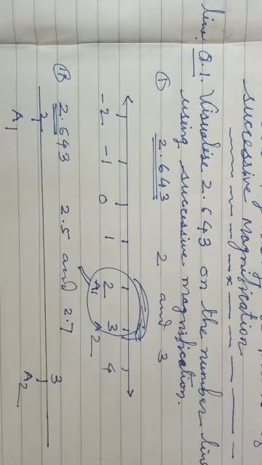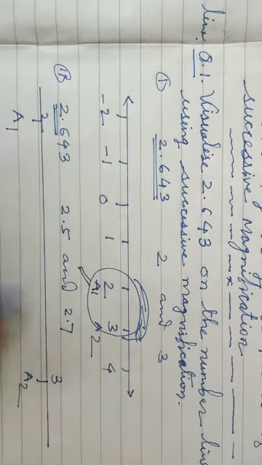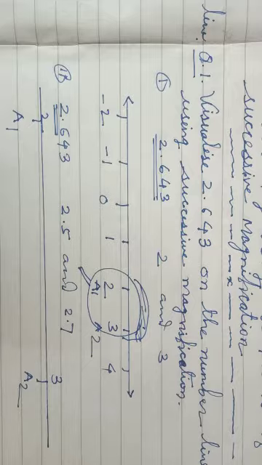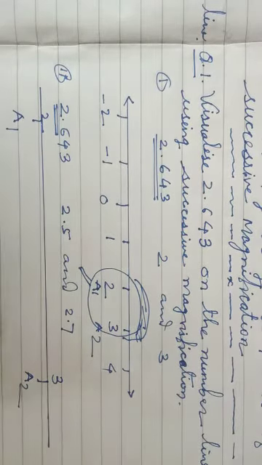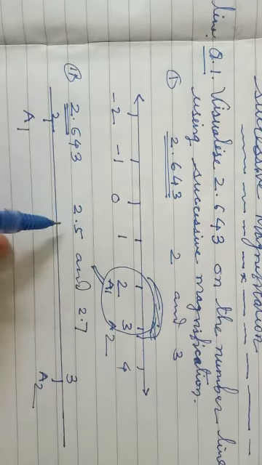For a more accurate visualization of the representation, we should divide this portion of the number line into 10 equal parts, and then use a magnifying glass to visualize the said numbers.